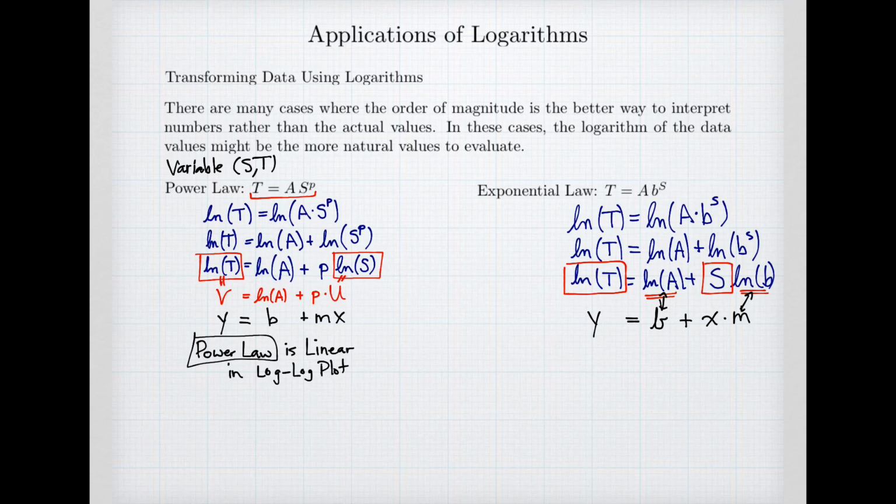So let's summarize what we've learned. If a semilog plot of data is linear, the data follow an exponential law.